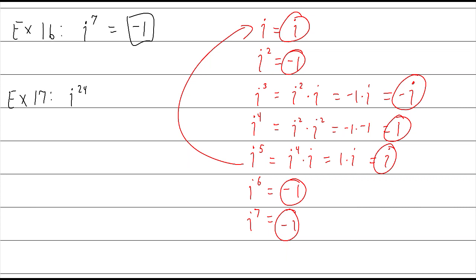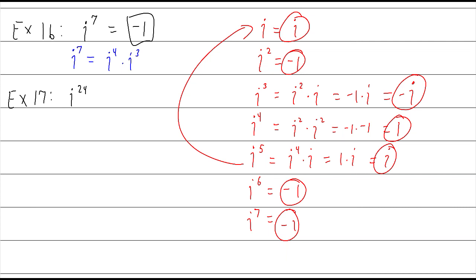So let's go back to i to the seventh for a second. For i to the seventh, I thought about it as, what's a multiple of 4 that's smaller than 7? Oh, it's just 4. I thought about it as i to the fourth times i to the third.